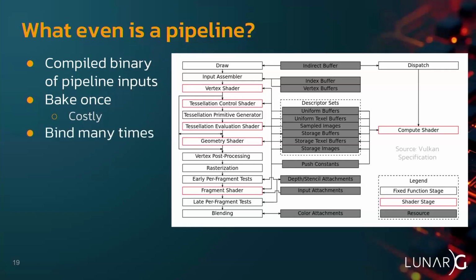Well, even if you only need to bind that, even though you can bind it many times, and that's a cheap operation, you're exchanging time and space because your startup time gets put into conflict with your runtime. I put a picture up of the pipeline state. This is actually a simple diagram because the current spec has the mesh shaders and ray tracing in here, and those add all sorts of new elements to the pipeline.